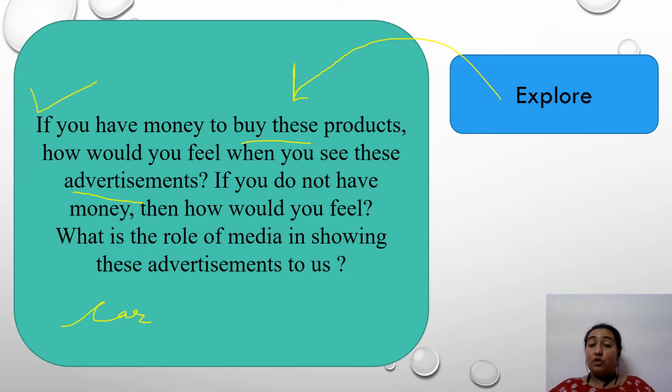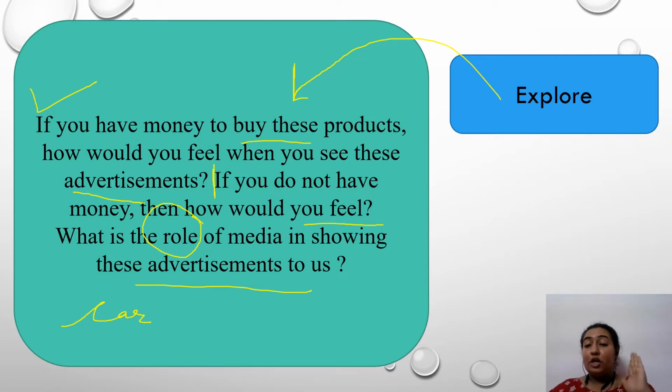Now the other scenario, students: if you don't have money, how would you feel? What will you feel if you don't have money and you're seeing these advertisements? Oh no, these are all unnecessary advertisements. I don't have money. I'm not planning to buy. I don't know why they are showing all these advertisements. So we can find out the actual role of media in showing us these advertisements: whenever we want to purchase something, we take reference of these advertisements.